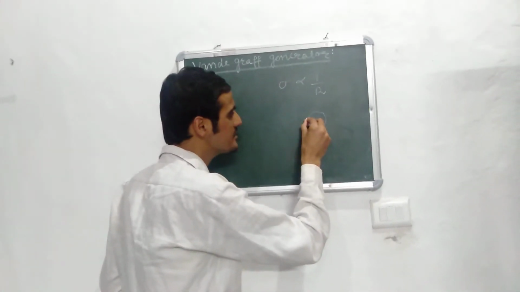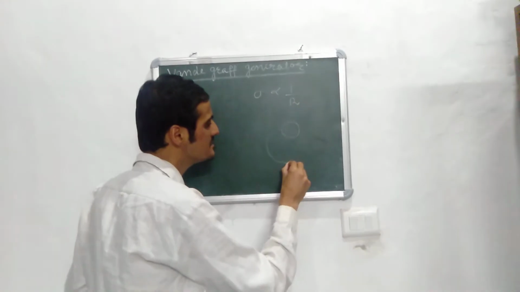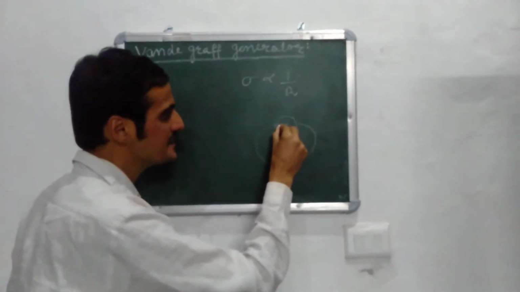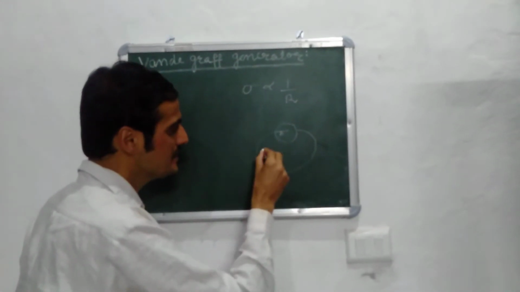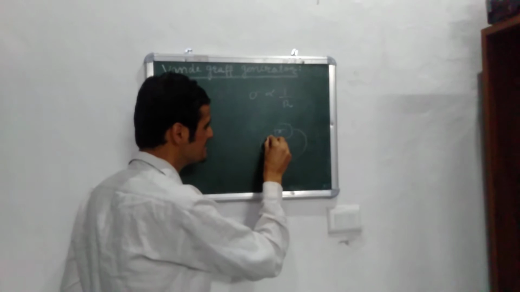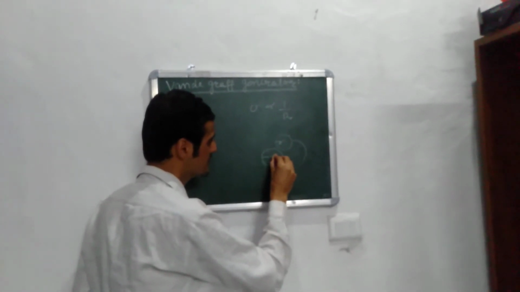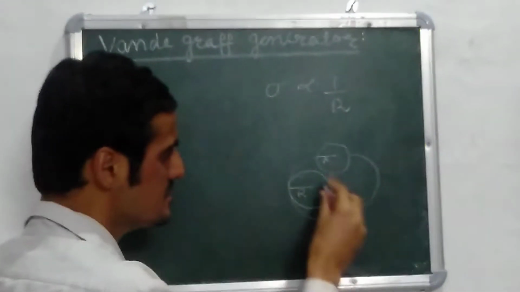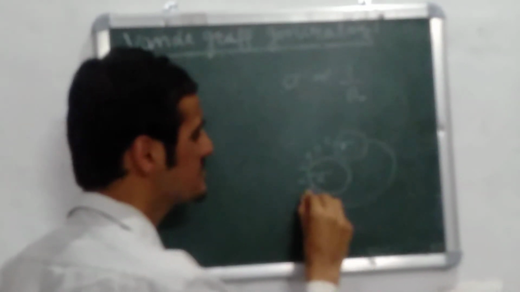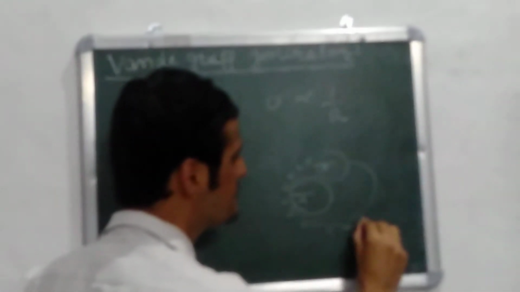We consider two spheres with corners. This is a sphere with a small radius, and this is another sphere with a large radius, r. As we know, charge resides on the surface of the sphere.